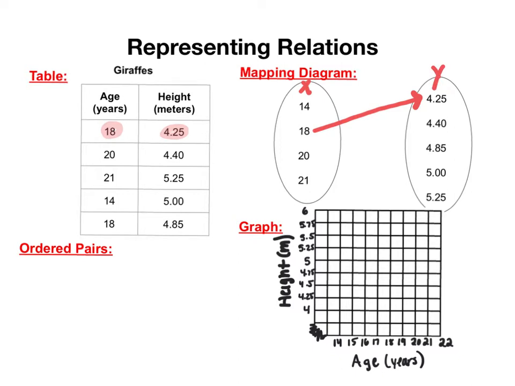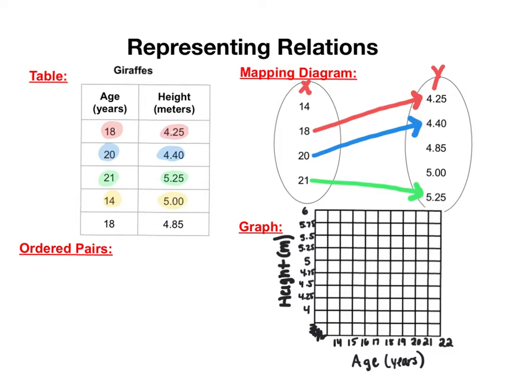Then I have an age of 20, goes with a height of 4.40. So I can draw an arrow from 20 to 4.40. Next I have my age of 21, goes with a height of 5.25. So I can draw an arrow from 21 to 5.25. Then I have an age of 14, goes with a height of 5.00.